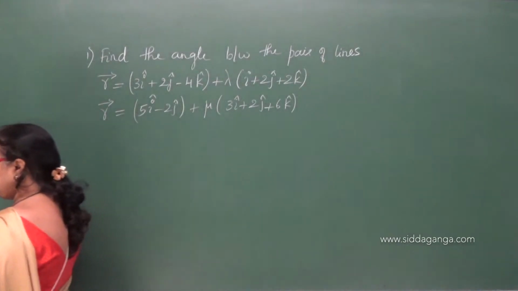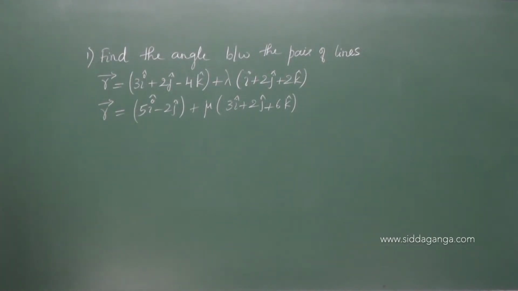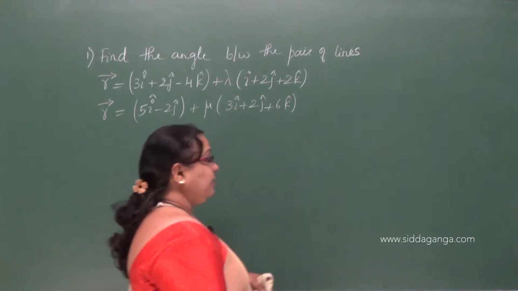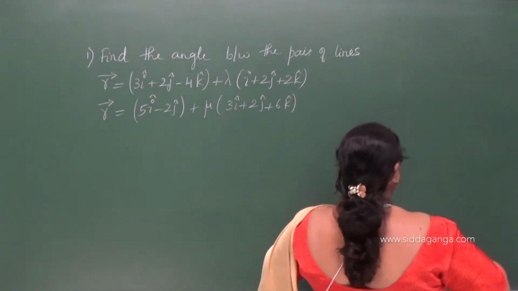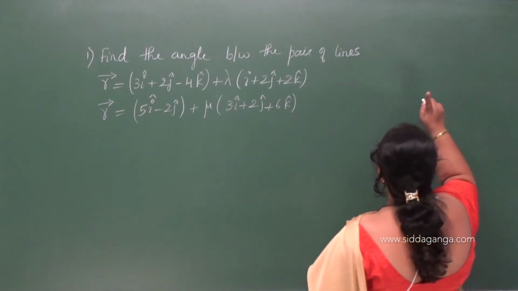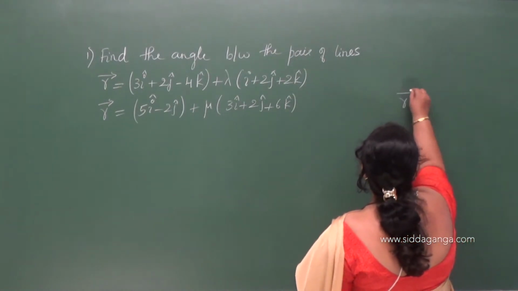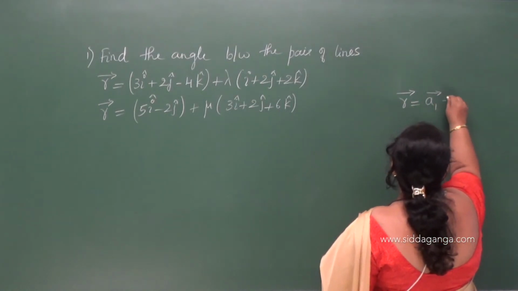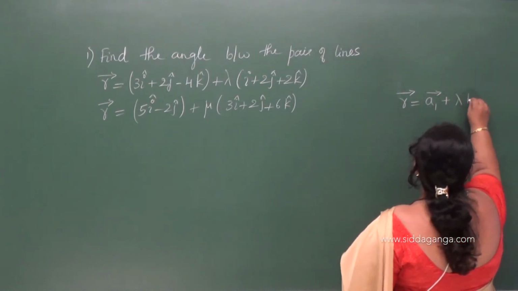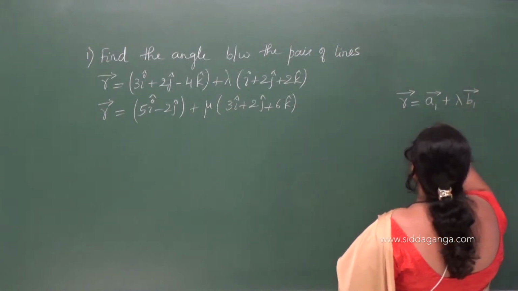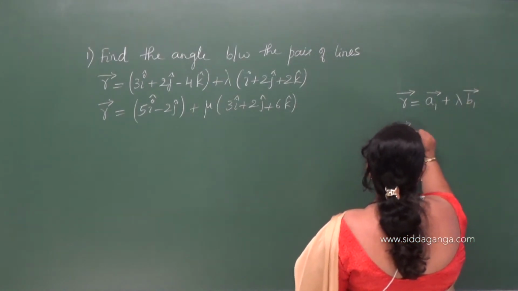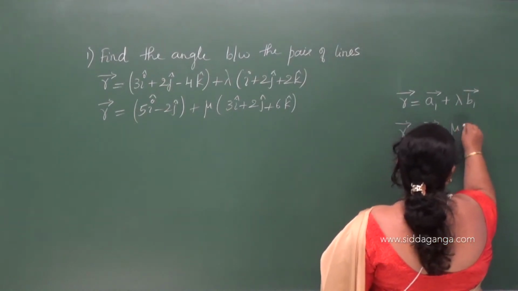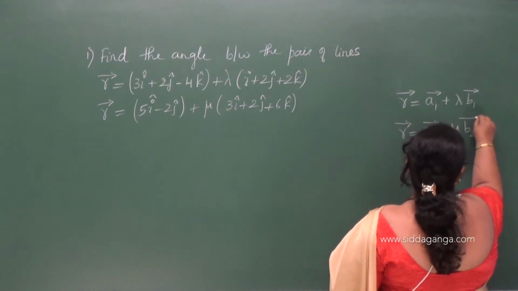And also after deriving the formula, we also know that if the given two lines, according to theorem 1, we consider two lines: vector r equal to vector a1 plus lambda times vector b1, and vector r equal to vector a2 plus mu into vector b2.